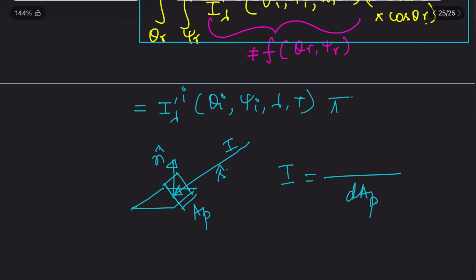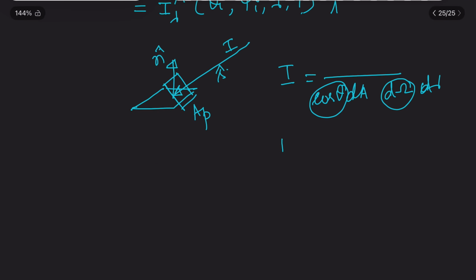But the moment you are integrating that, there is d sigma and d lambda also, and if I write dA, then I have to write dA into cos theta. So the moment you are integrating, you have to take care of this cos theta and d sigma together. A very simple logic: if you put this cos theta there and then integrate with respect to d theta, then cos theta is there already.